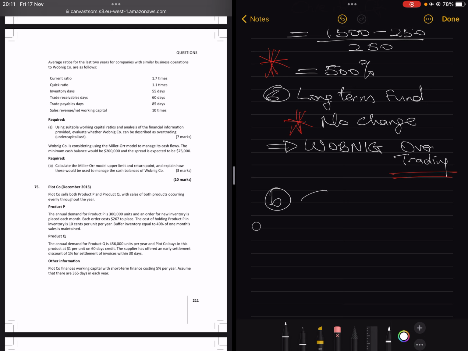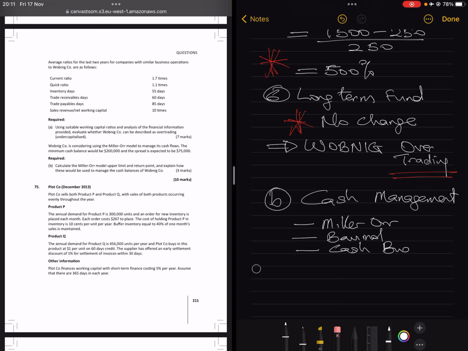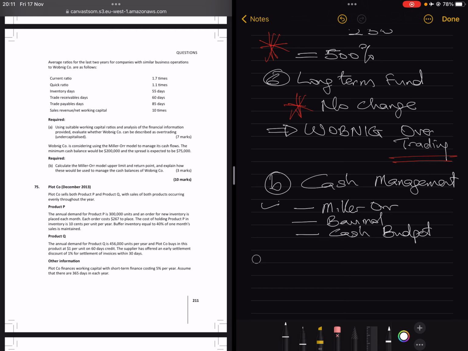Remember when we spoke about cash management? There are 3 ways to manage cash. I told you can use Miller-Orr, you can use BOMO, and you can use cash budgeting. But this is what this question is testing, Miller-Orr.